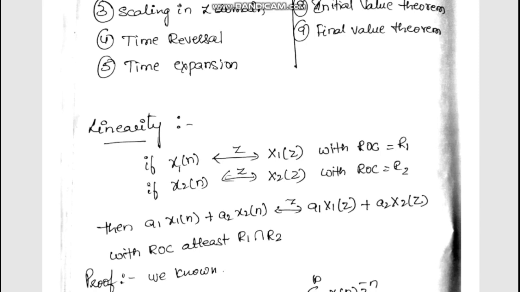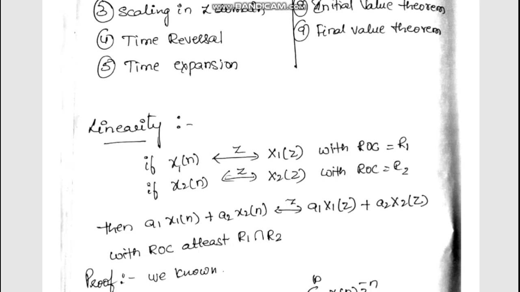So why are we using the Z transform? With the Z transform, the wider signals can be converged. Whereas the signals in DTFT do not converge, but in Z transform they converge.